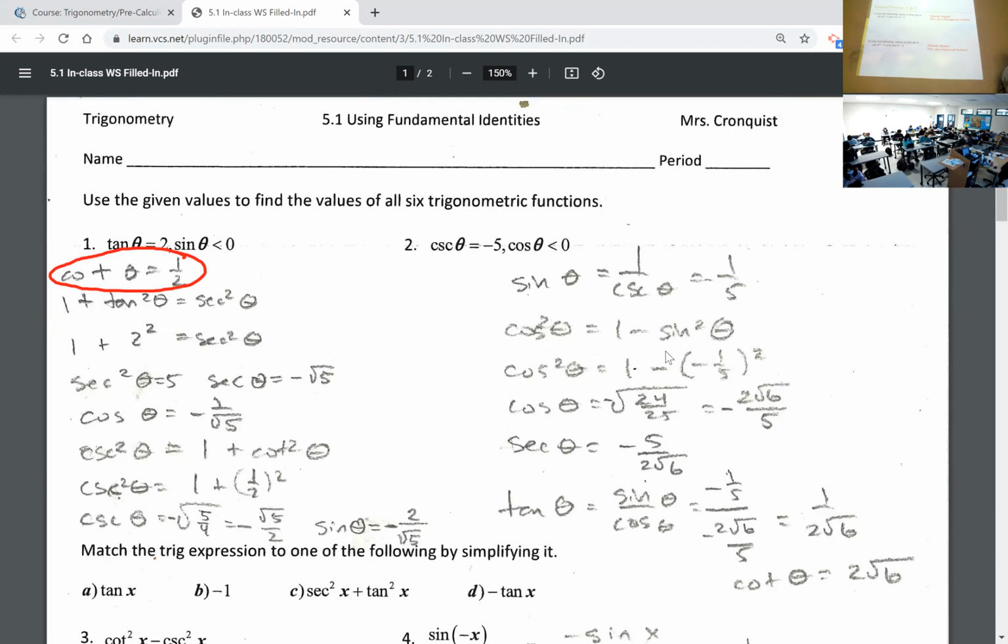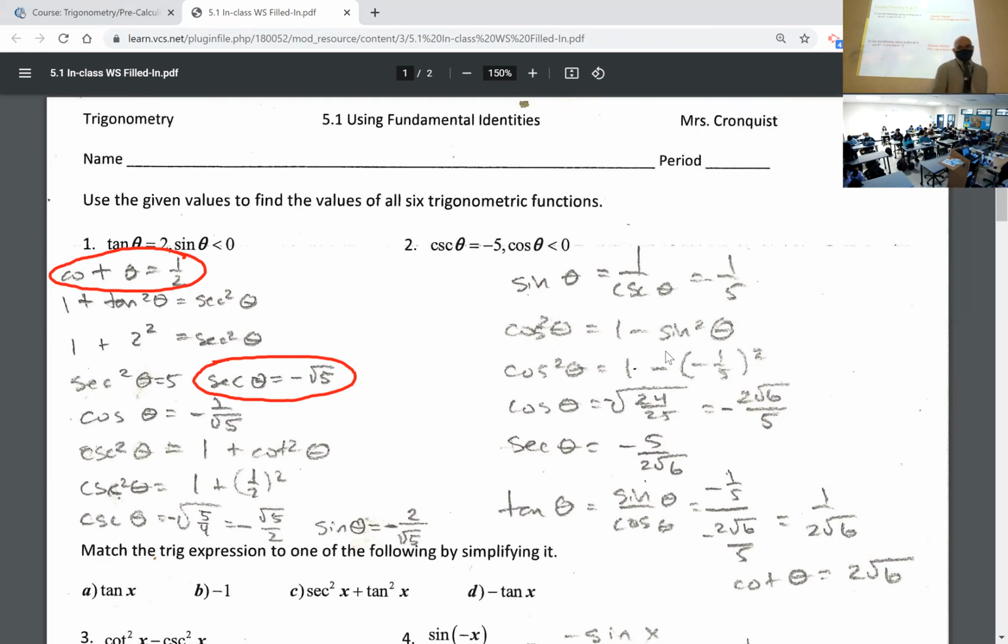So 1 plus tangent squared equals secant squared. So I took that from the list of identities. Again, you're going to have those lists of identities, but you're going to have to know how to use them, right? So tangent squared is, tangent is 2, so 2 squared is 4, plus 1 is 5. So secant squared is equal to 5. So secant is equal to plus or minus the square root of 5.